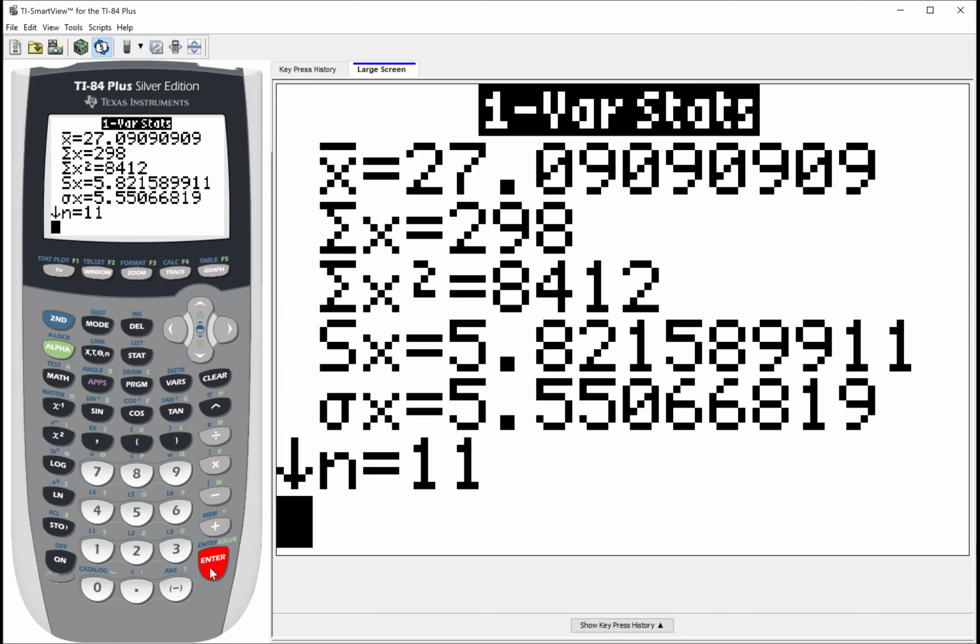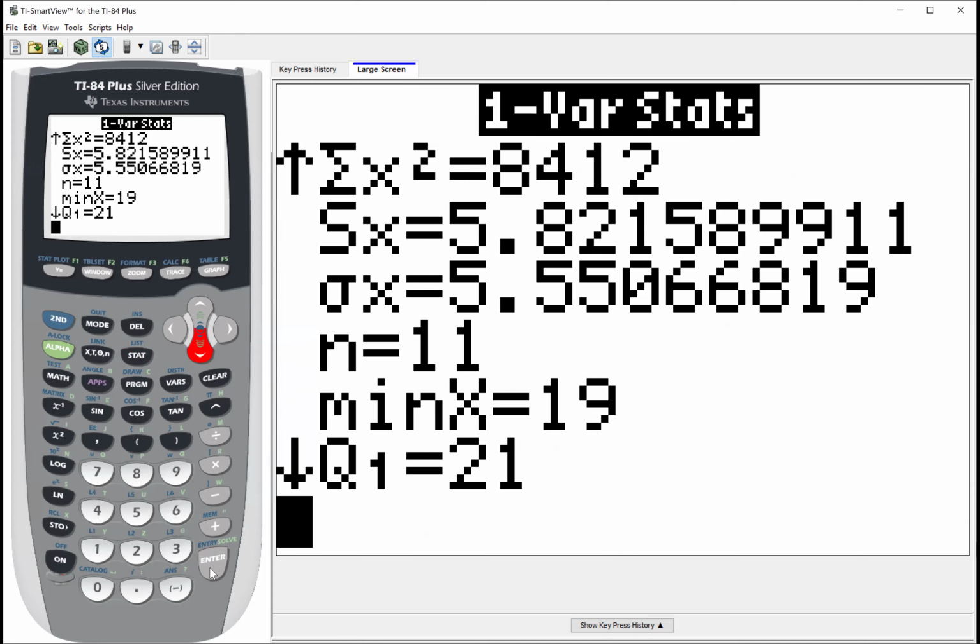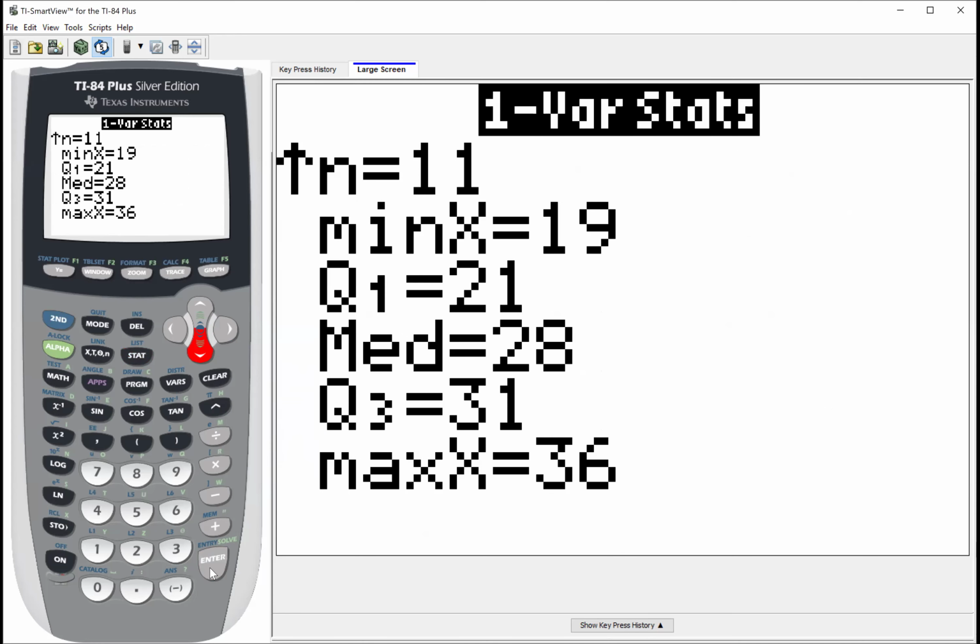And remember, in order to see the 5-number summary, you have to scroll down to the bottom of the output. And at the very bottom, you have your 5-number summary. So the min is 19, Q1 is 21, the median or Q2 is 28, Q3 is 31, and the maximum data value in the set is 36.